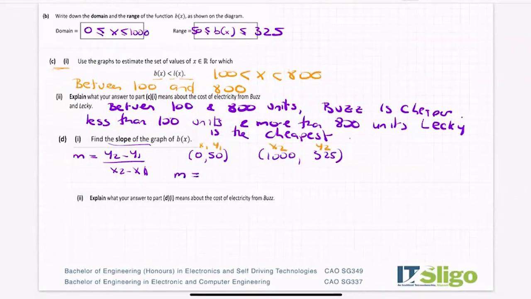My slope is equal to y2 minus y1 over x2 minus x1. Put that into your calculator. I'm just going to grab my calculator there.